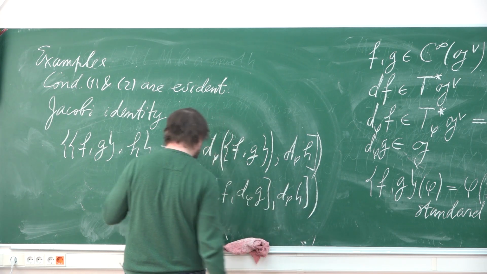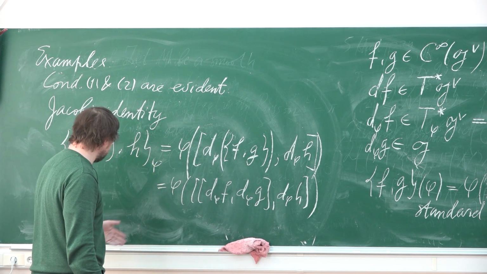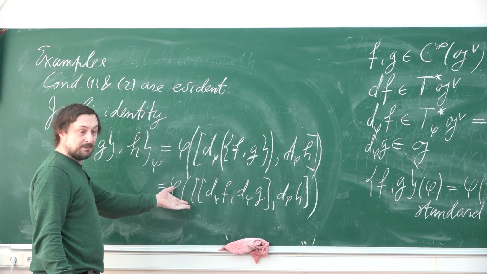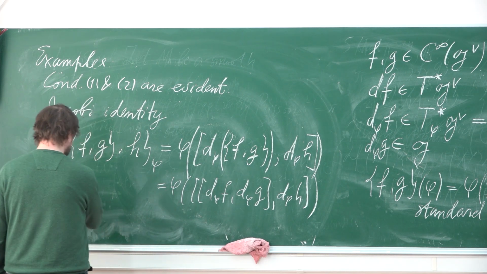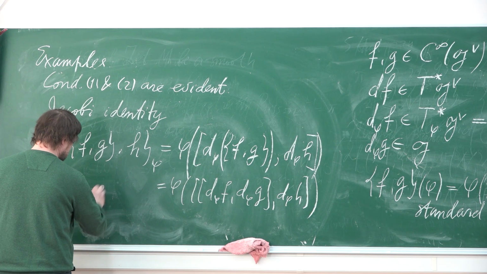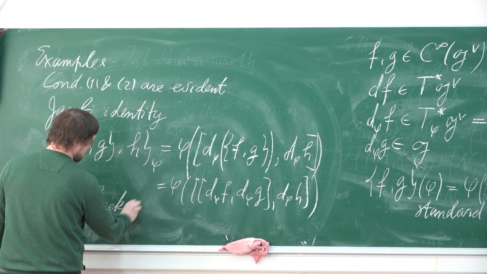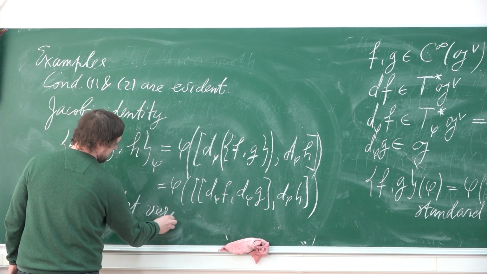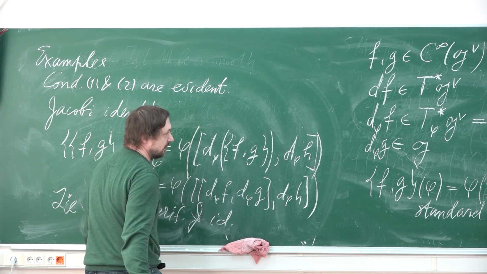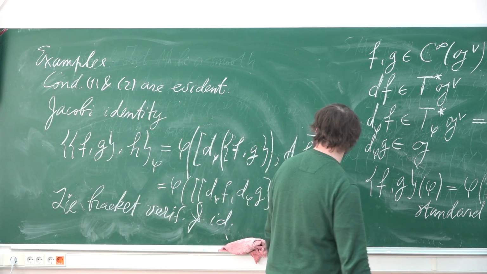And now the Jacobi identity follows directly from the Jacobi identity for the Lie bracket, right? And the Lie bracket verifies the Jacobi identity. So that's how you do this in an abstract way.